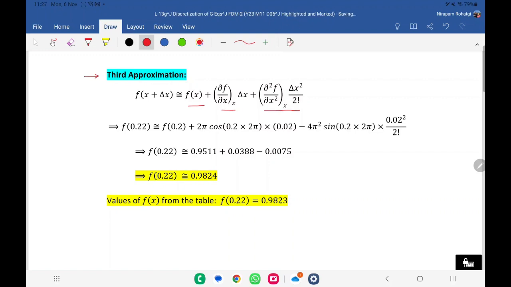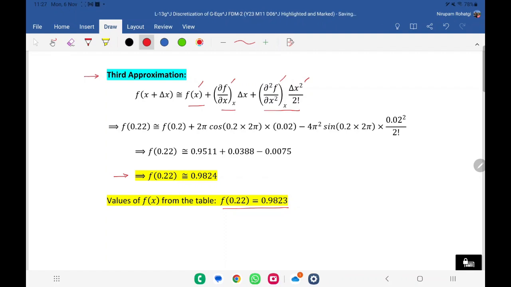On the right side everything is based on x: the first derivative with respect to x at point x, the second derivative at point x, and you are multiplying with the change in x. And what you get is this, and here you get the value there. All three will give you three different values because they are three different equations, and you can keep on adding as many as you want.